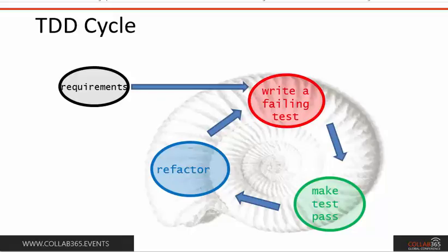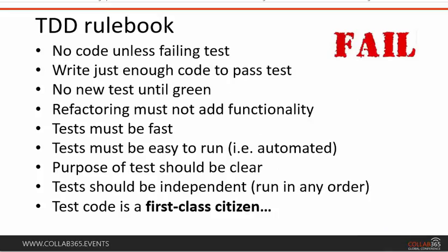Now there's a few rules that we have to follow. One of the rules is that we're not allowed to write any code unless we've got an actual failing test. So you can't, for example, write a bunch of code in anticipation of what you might think you might want or need later. You have to write the failing test first, and this forces you to have test coverage.